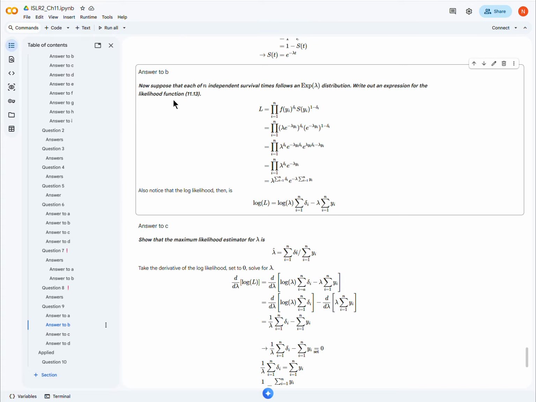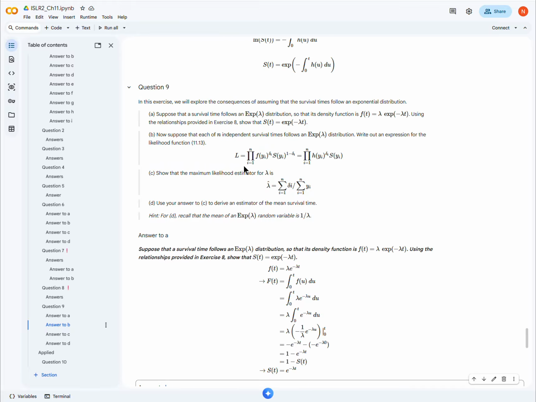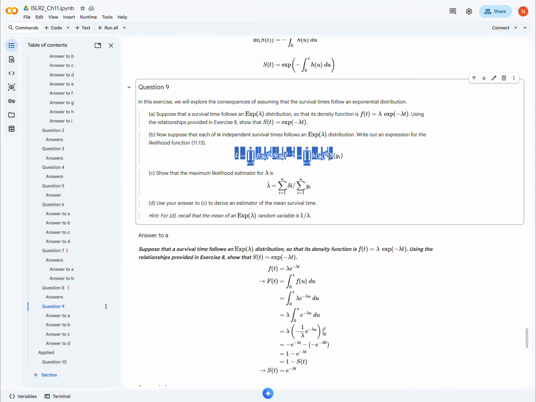Now for part B, we suppose that all of our n events are independent, and they follow an exponential distribution again. And so we're going to write out the likelihood function. The problem gives us a version of the likelihood function.